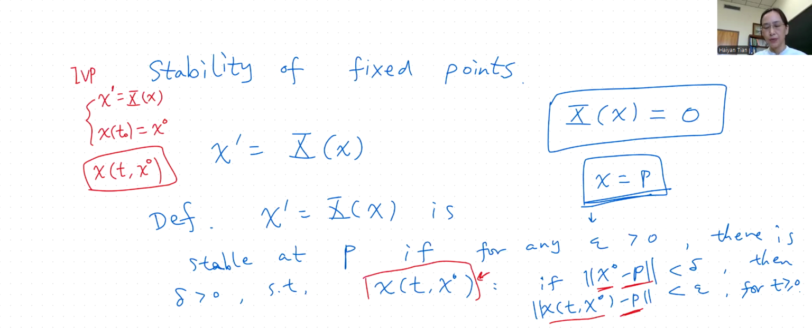So now we have this definition, but if we give more description of the stability of a fixed point, then we can further classify the stability into two kinds.